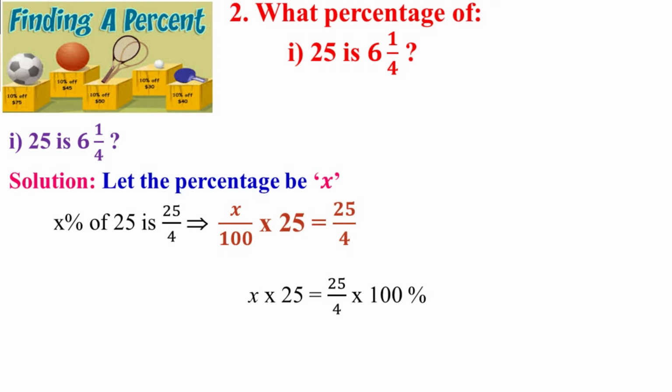If it is in division on one side, it should be multiplied on the other side in the transposition method. So, x into 25 equal to 25 by 4 into 100. Okay. Now, you can cancel 4 and 100. 25 fours are 100. That's why you are going to cancel 4 and 100. We get 25.